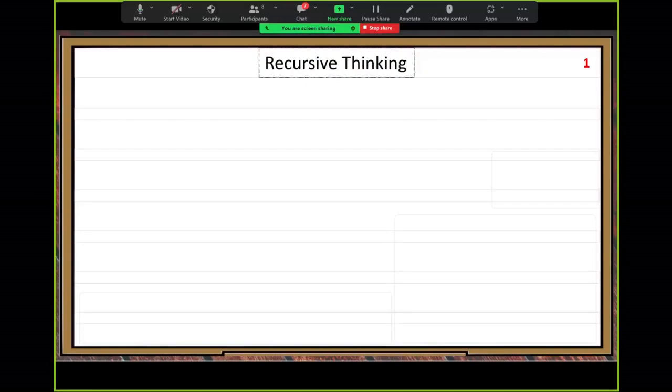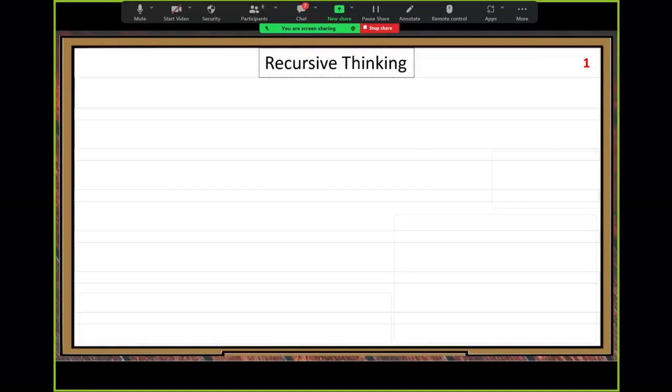First, recursive thinking. We want to understand why we want to study recursive thinking. Usually, an ordinary person who does not have algorithm training like us may not have recursive thinking.